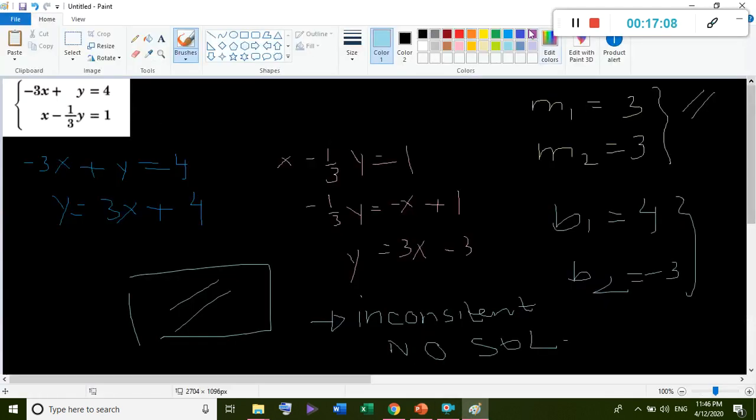Okay, so just let me tell you one last thing here. When you have a system and the slopes m1 and m2 are not equal, it means it's independent, with one solution. Okay?